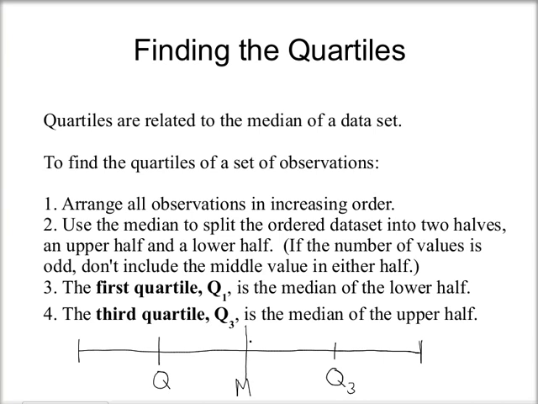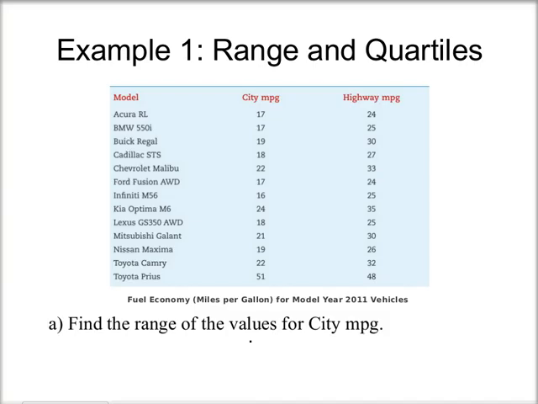So now that we've gone through the processes to find these things, let's look at an example. I'm going to go back to my chart, which has the city mile per gallon of a bunch of 2011 model year vehicles. The first thing I want to do is find the range of the values for city mile per gallon. So the range is equal to the maximum value minus the minimum value.